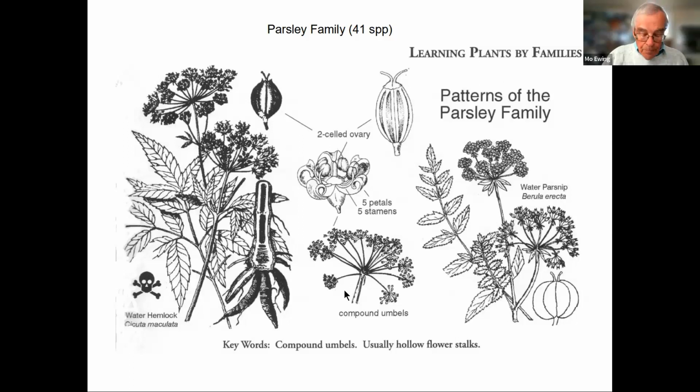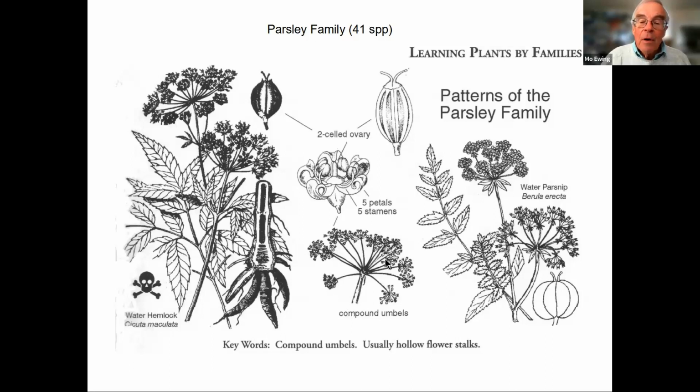Now, a compound umbel: here's the tip of the stem, and then there are little, I don't know what they're called, I will call them stemlets that come out of the top. And then if you look at this little grouping here, it's also an umbel.